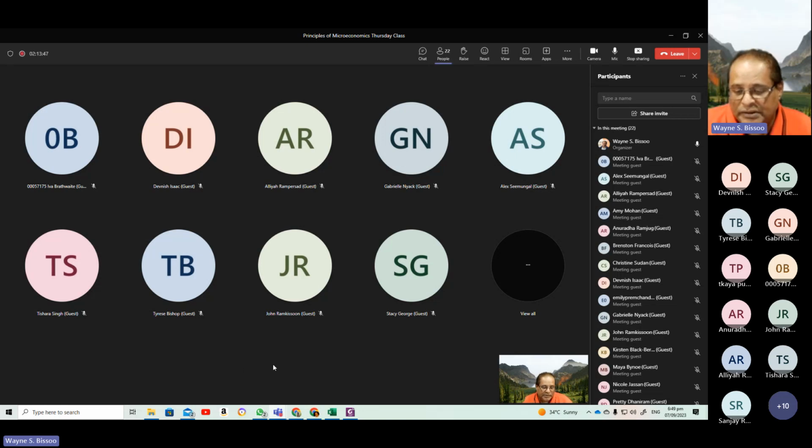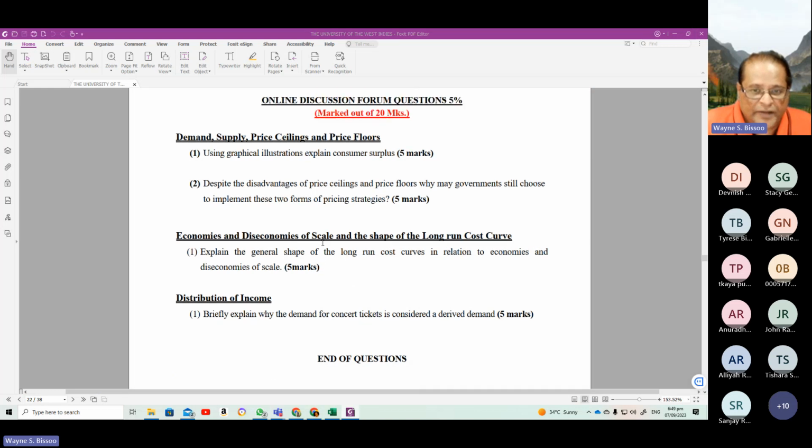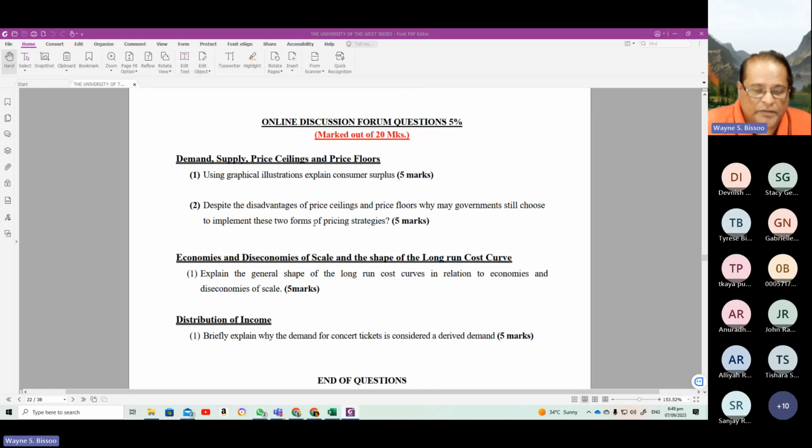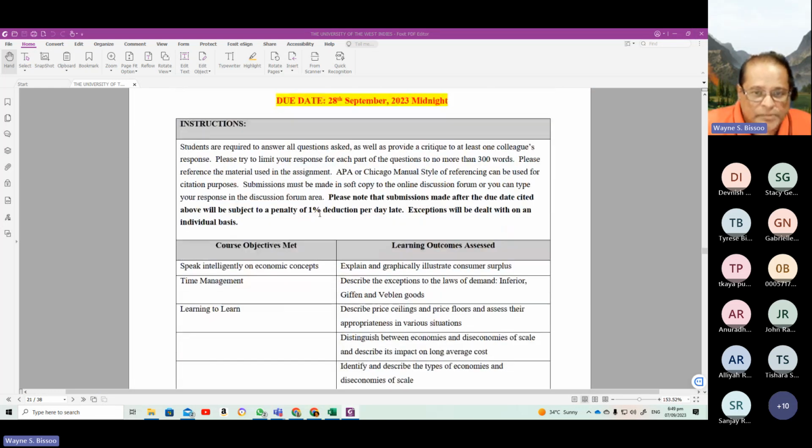Those two courses are going to help you with citation. Specifically for this course, we require the use of APA format of citation, which I think I spoke about here. Students are required to use the APA or Chicago Manual style of referencing for citation purposes.